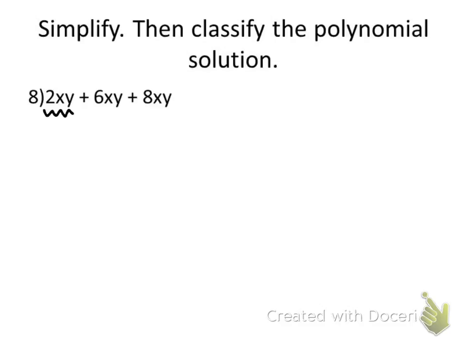What's going to combine with 2xy? 6xy and 8xy. These are all like terms. They're all xy terms. So add the numbers in the front. What's 2 plus 6? 8. What's 8 plus 8? So the answer here is 16xy.